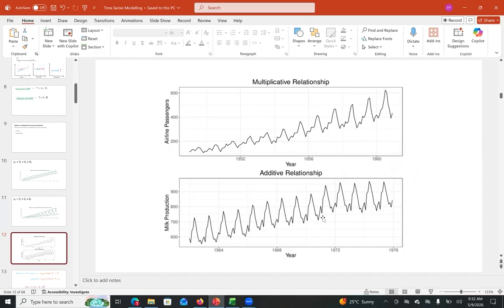Now what we will do is try to solve the time series in Excel first, and then we will try to solve it in Python.